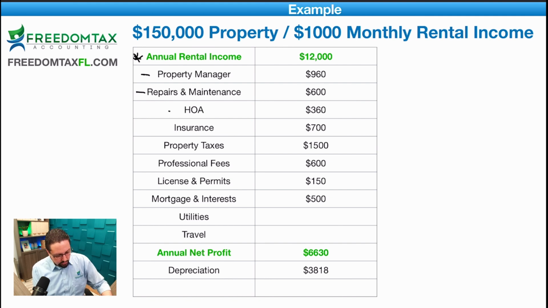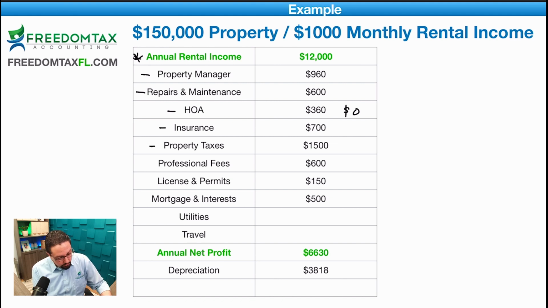You can deduct your homeowners association. Now, this can be higher or lower, and this can be even zero, because not every community has a homeowners association fee. There are many properties that don't pay HOA. So if that's your case, it is zero. You can deduct your insurance of the rental property.